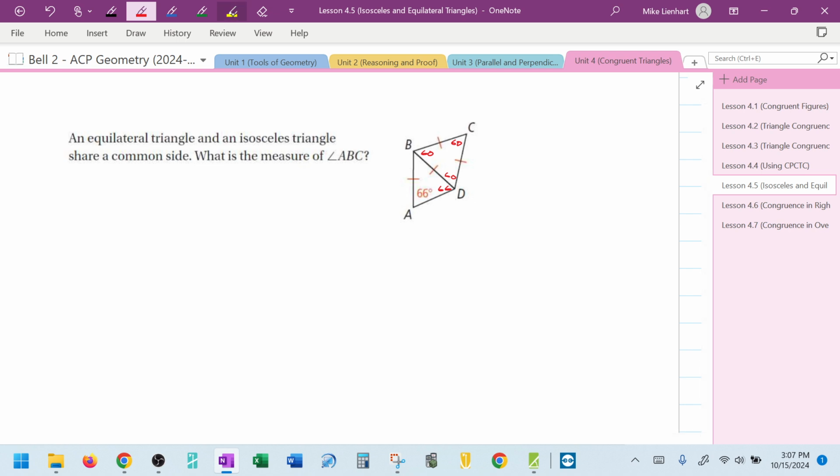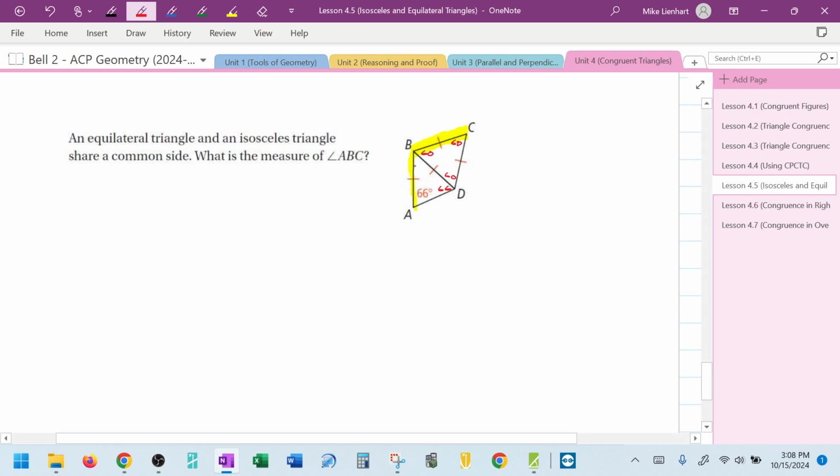Now, they want me to find angle ABC. So angle ABC is this angle right here. I know it's made up of adding this angle and this angle together. I know that by angle addition. The first thing I have to do is find this angle. So I'm going to do that in red.